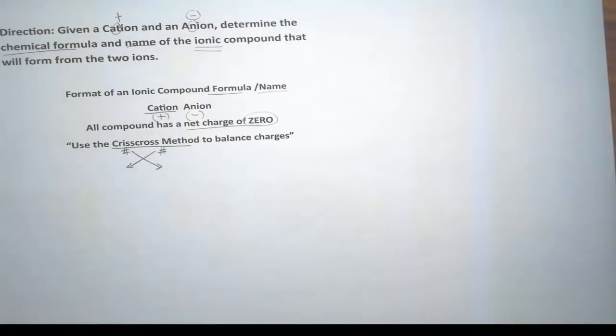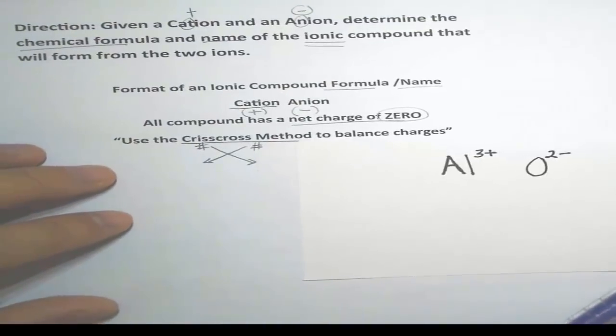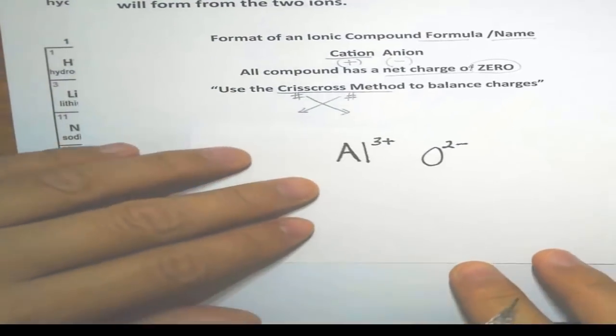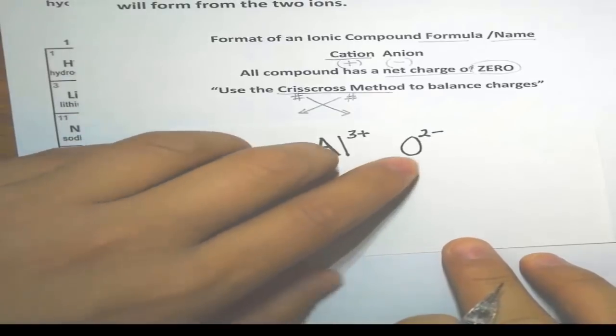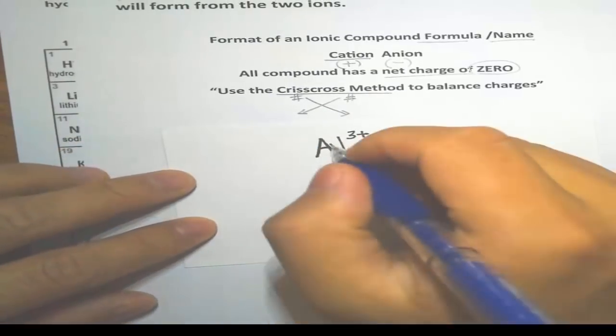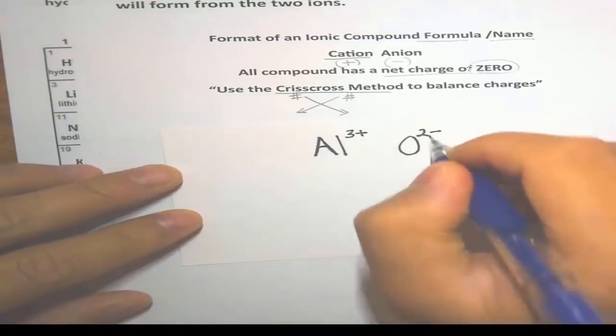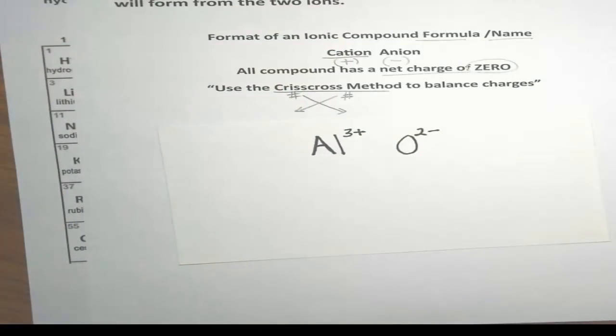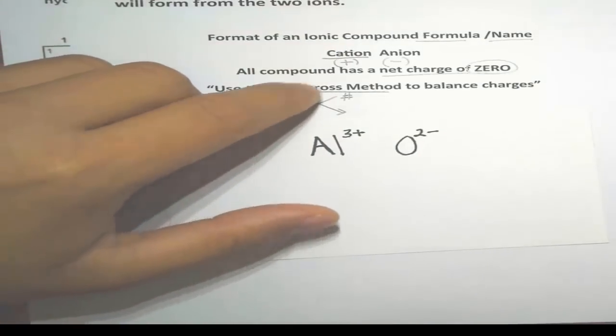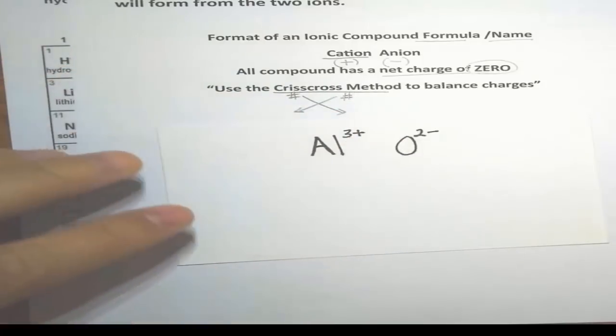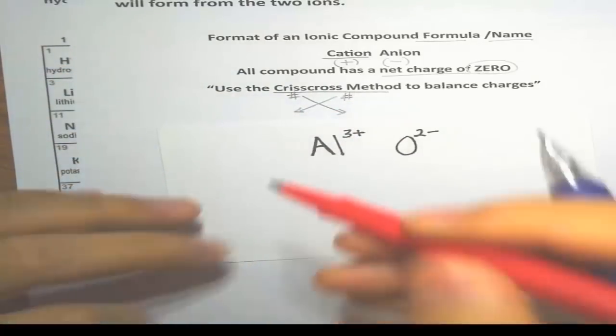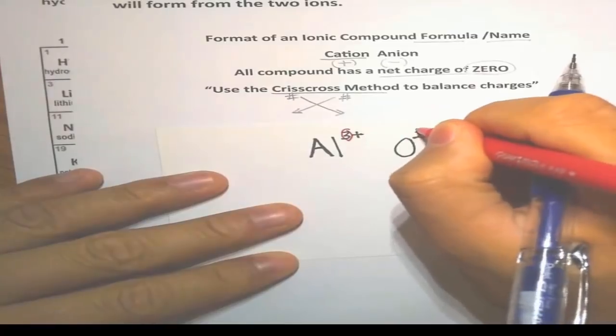Now let's try one problem together to explain this crisscross method. For example, I have this cation and this anion. So we have a 3 plus and a 2 minus. Let's use the crisscross method. Notice how we only crisscross the number, not the charges. So I'm going to crisscross the number, which in this case is 3 and 2.